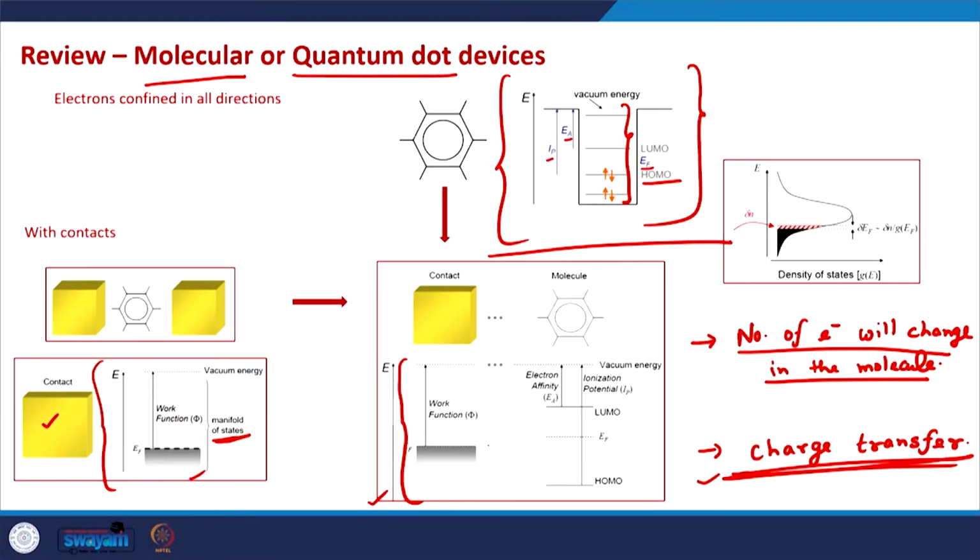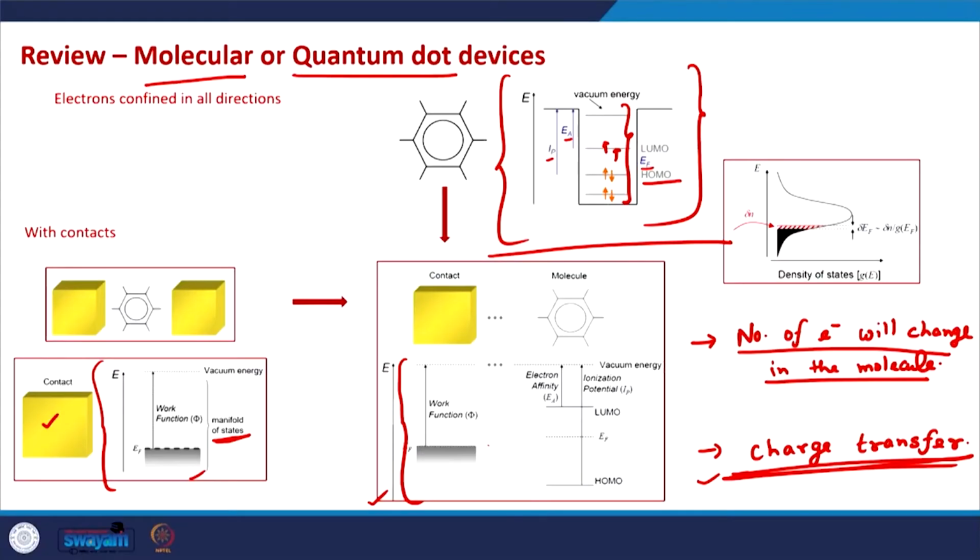So in equilibrium, if, let's say, one electron comes up here, just by this change in the number, this Fermi level will go to the LUMO orbital. So the Fermi level depends on these two phenomena. One is the change in the number of electrons in the molecule, and second is the change in the charge on the molecule.